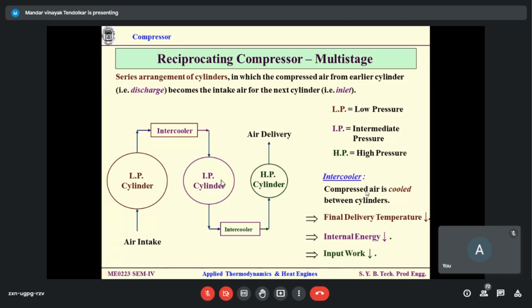The intercooler cools the compressed air between the cylinders. We cool it in between and bring it back to the original intake temperature. Pressure naturally will be higher. It's just rejecting the heat, not expanding. So the final delivery temperature would be at a lower value.